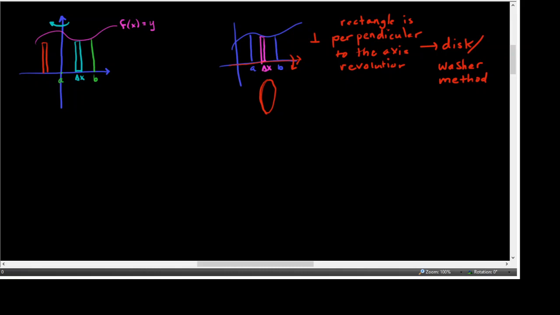And to draw these, it's really pretty cool. If you just draw little elliptical things from the top edges of the rectangles that you've drawn, you'll get a sense of what it is we're getting. That's called a cylindrical shell.